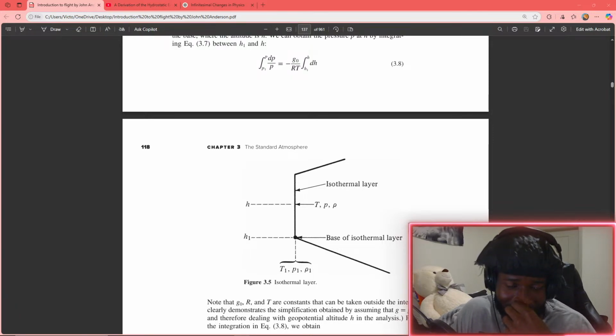R is the radius of the Earth, plus h, the height above the Earth, squared. If we assume Earth, then a is equal to GM, the mass of the Earth, divided by r squared. Here we divide m from both sides, and m is the mass of the Earth. R plus h is the distance from the center of the Earth to the object. On the surface, h is equal to 0.